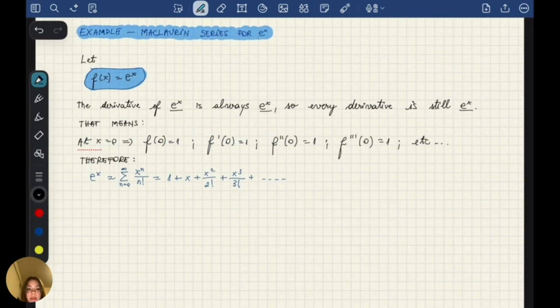We also found out from our Maclaurin series that the radius of convergence is infinite.